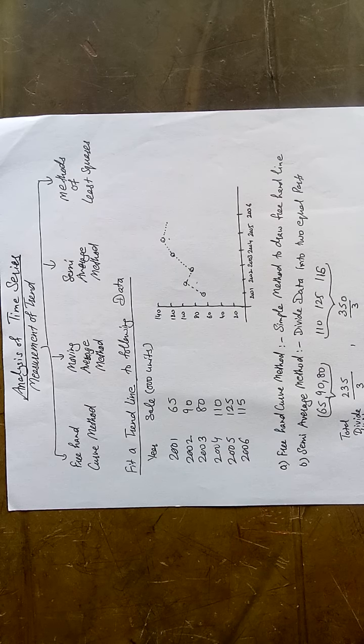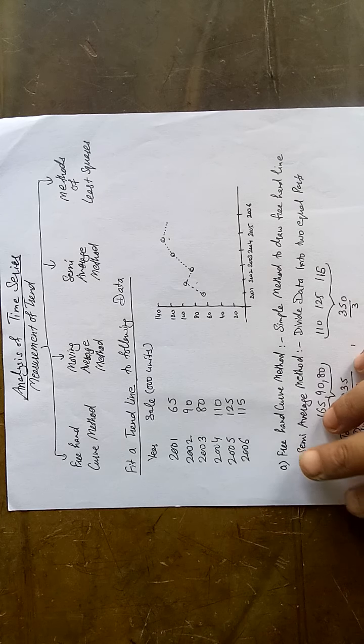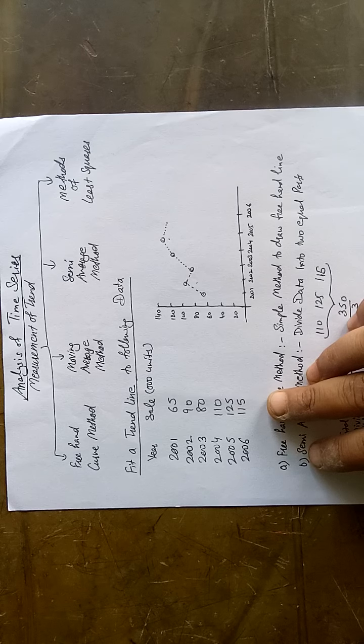So first of all, we have data related to different years. Suppose in the year 2001 sales were 65,000 units. In the year 2002 it was 90,000 units, and so on till 2006, when it was 115,000 units.